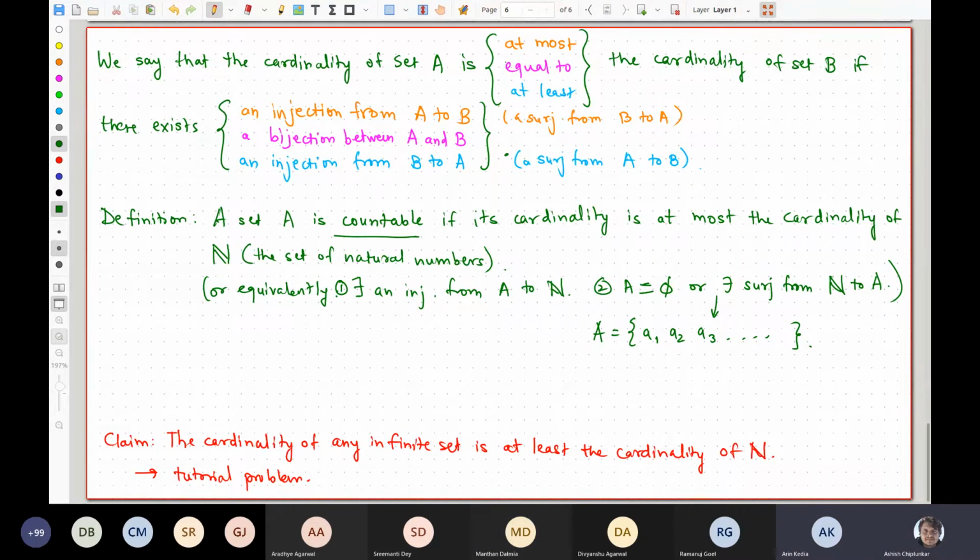Basically, if you apply a 1-1 function to the set of natural numbers, which goes into some set of real numbers, its image is going to be countably infinite.